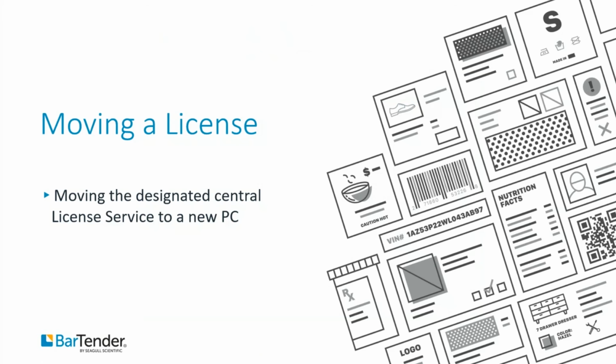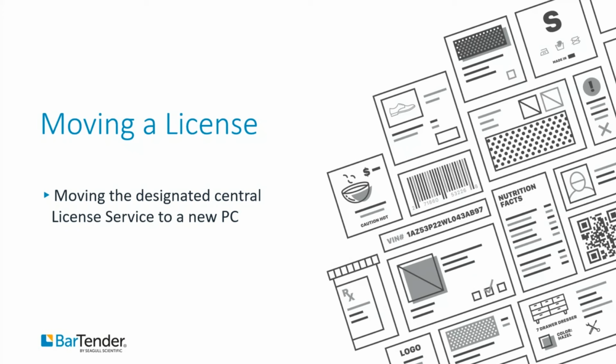We also might have a scenario, and this is where we start getting into the admin console, where we want to move a license. So let's say that we have accidentally, intentionally, whatever, installed the license or designated a PC to be the central license service, and we no longer need that.